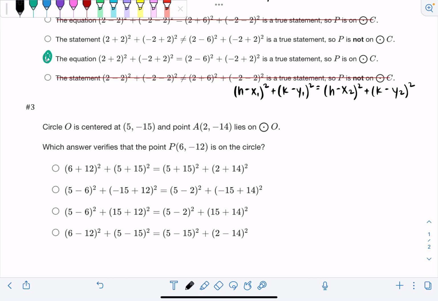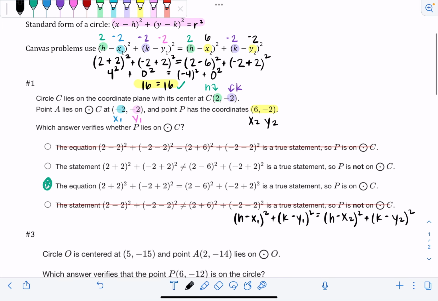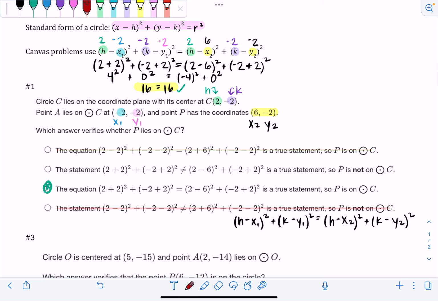In the previous problem, we used the point that we knew was on the circle as our x1, y1, and we used the point that we were checking as our x2, y2, and it doesn't always have to be like that. It could be the other way around.